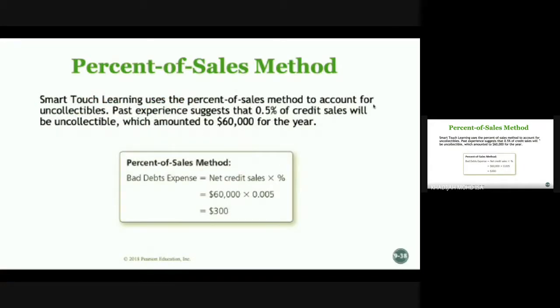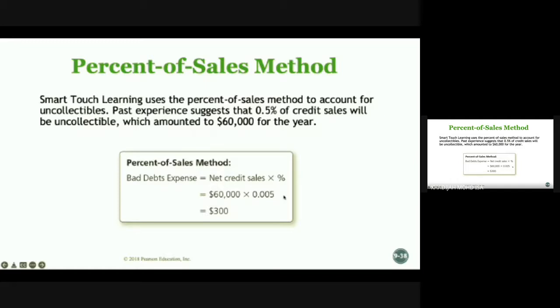Right, percentage of sales. For example here, past experience suggested that 0.5% of credit sales will be uncollectible, and credit sales amounted to 60,000 for the year. So how do you compute? You have your sales of 60,000 for the year times 0.005. 0.5% is translated into 0.005.